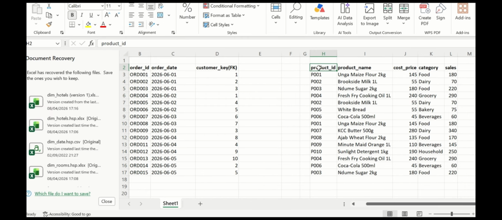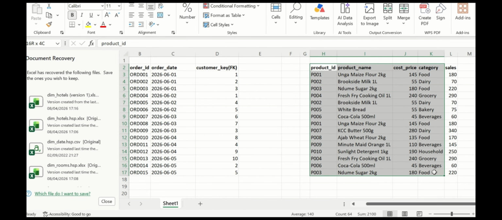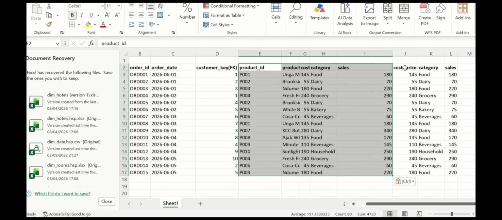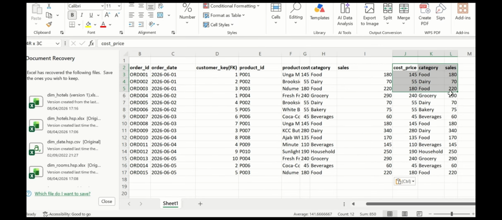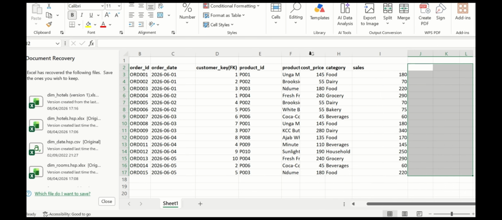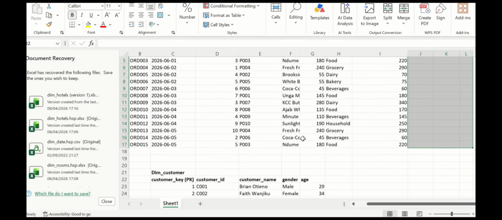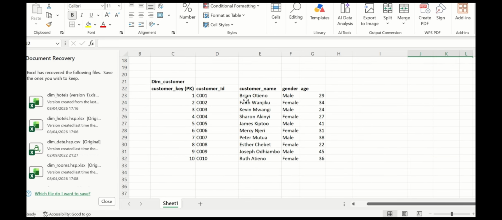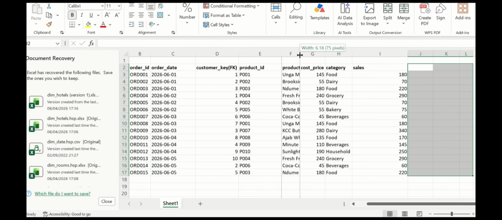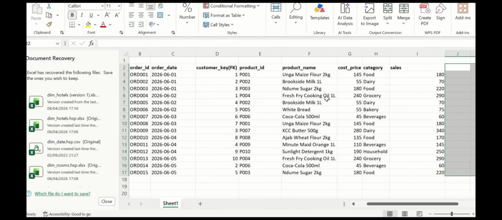Let's bring this product closer to this, so we can remove this. So we have our customer dimensional table here, and here we also need to build a product dimensional table.